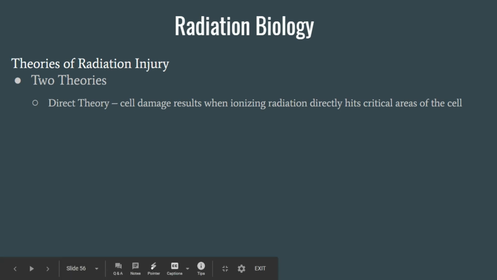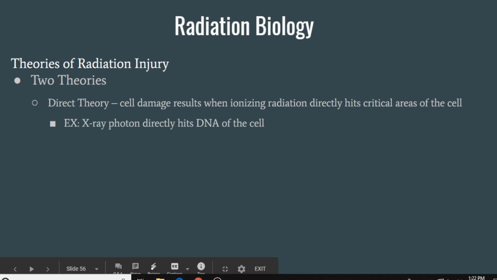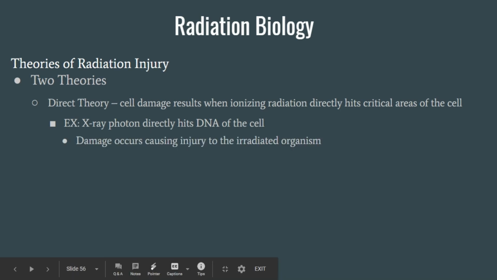This would be if that X-ray photon directly hits DNA. There's definitely going to be some kind of damage there. That DNA is kind of like your basic building block. So if it hits that, there's going to be damage. That would be your direct hit, direct theory. Damage will occur, causing injury to the irradiated organism.